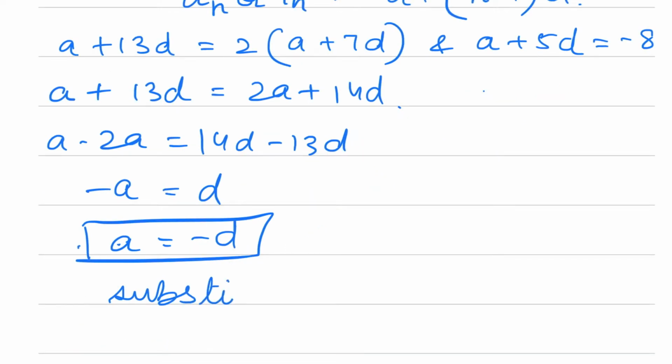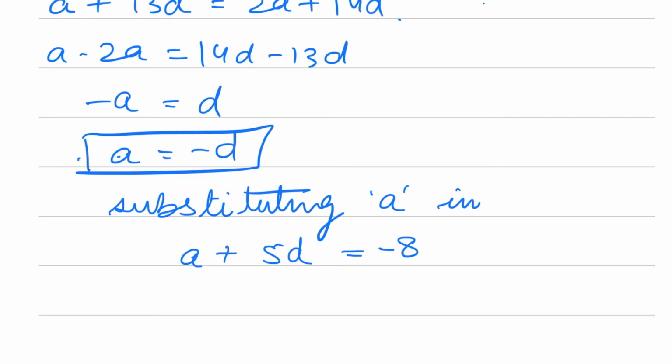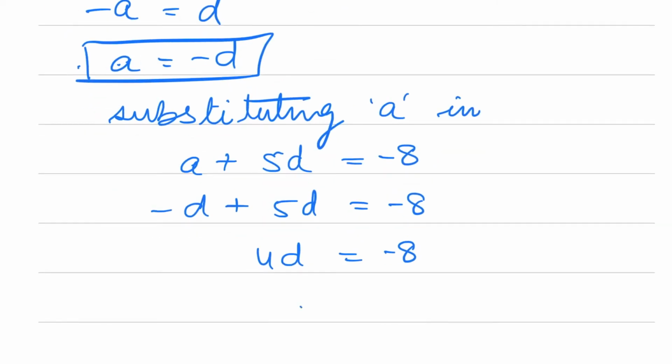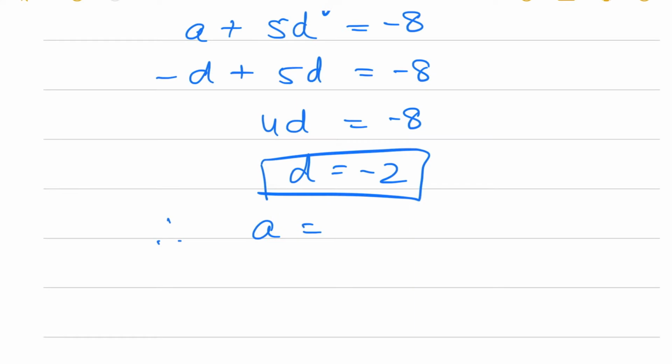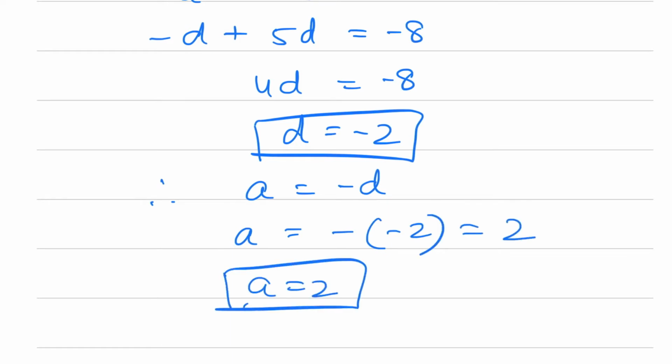So substituting a in a plus 5d is equal to minus 8, we have minus d plus 5d is equal to minus 8. 4d is equal to minus 8. So d is equal to minus 2. Therefore a is equal to minus d, so a is equal to minus into minus 2, so a is equal to 2.